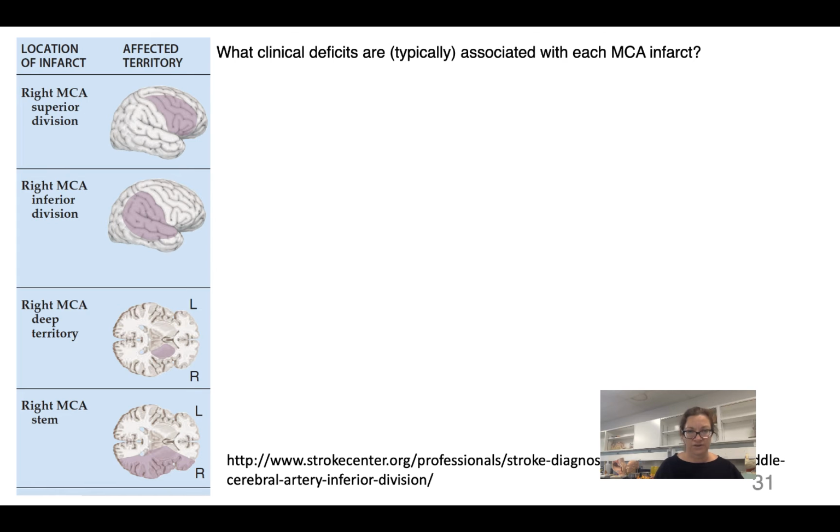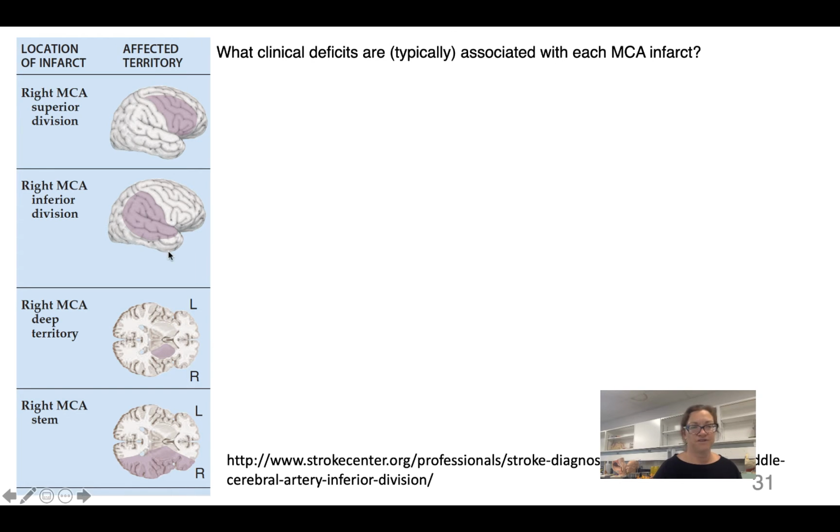So as you'll learn later in the course, hemi-neglect is associated with the non-dominant frontoparietal cortex. And I think that's mostly what I wanted to say in terms of the superior division MCA stroke.